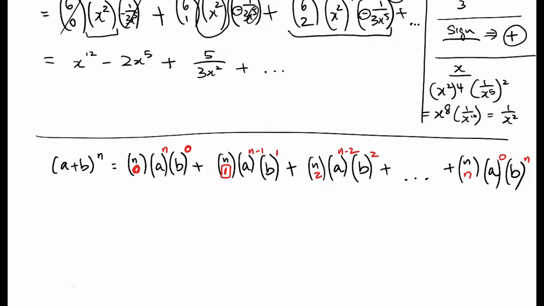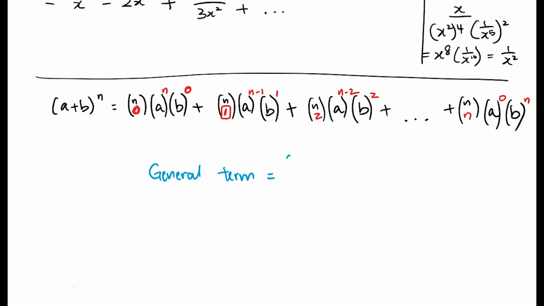We can write down what we call the general term. We know that all terms are made out of three components, and there's an n, a, and b. Now, instead of using a number here like 0 for this value, we are going to just denote it as r. We just let r represent this number.